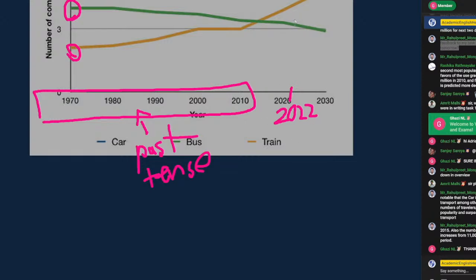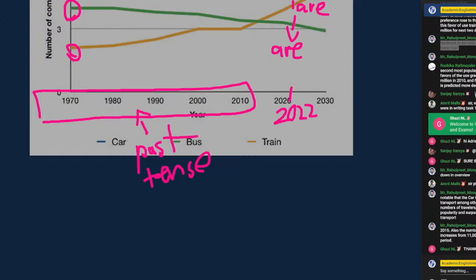Okay, so currently here, there are roughly 3 million people riding the bus. There are roughly 4 million people riding the train. Okay? And in this graph, and you get these kinds of graphs sometimes, I've seen these in the IELTS exams before, and they do this on purpose because they're trying to see how well you're able to use your different verb tenses in English, okay?